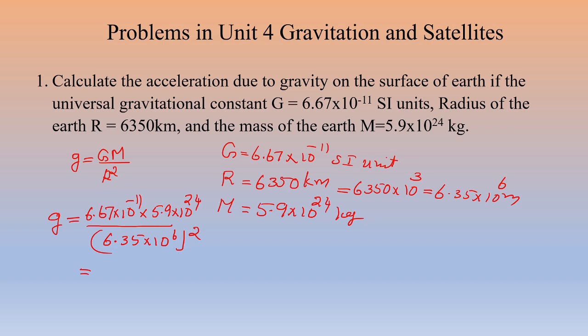So after the calculation, you will get the value of g on the surface of the Earth is equal to 9.76 meter per second square.